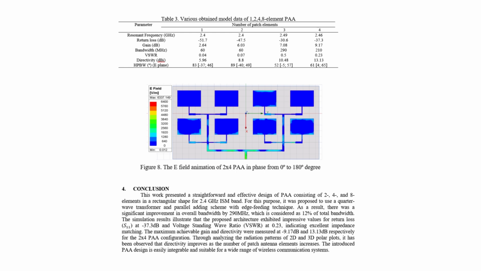So to conclude, this study introduced a simple, effective design for a rectangular patch antenna array with 2, 4, and 8-element configurations optimized for the 2.4 GHz ISM band. To achieve this, a quarter wave transformer and parallel addition scheme were employed with an edge feeding technique. This approach resulted in a significant bandwidth increase of 290 MHz, representing 12% of the total bandwidth.